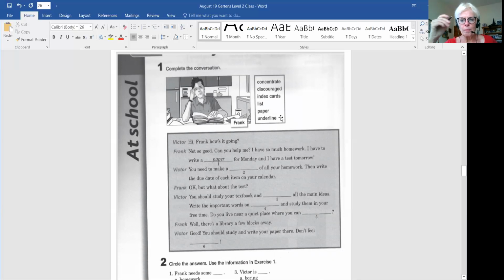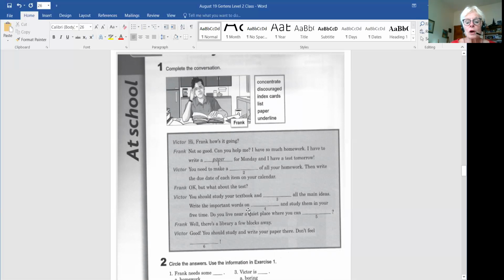We would take our pencil or pen and underline the main ideas in our textbook. Write the important words on blank and study them in your free time. So number 4, we would write the important words on index cards and study them in your free time.